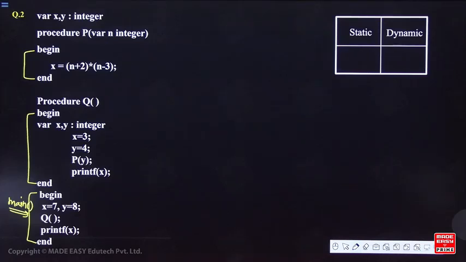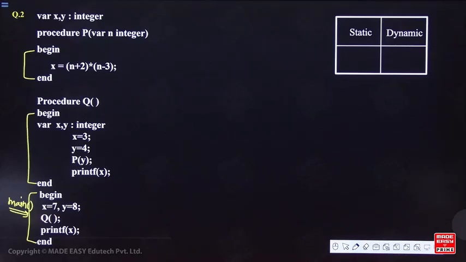Shubhi Goyal, wrong answer. Bhavyajit, wrong answer. Sejal, wrong answer. You have to give the answer for both.